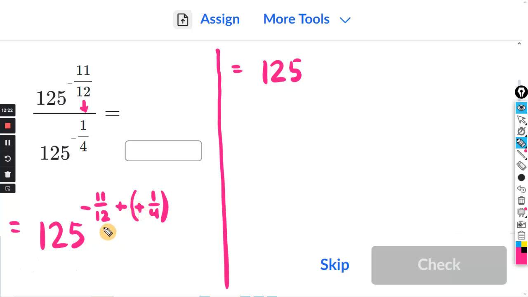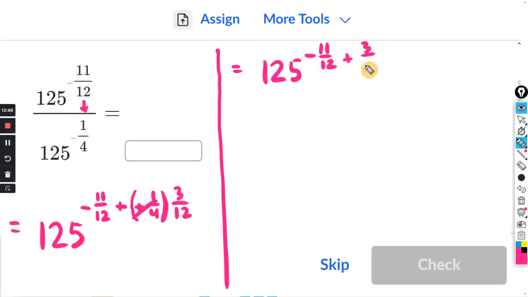We need a common denominator. Here it's 12, here it's 4. How do we get from 4 to 12? You do times 3. 4 times 3 is 12, and 1 times 3 is 3. So 1/4 is the same as 3/12. So negative 11/12 plus 3/12.